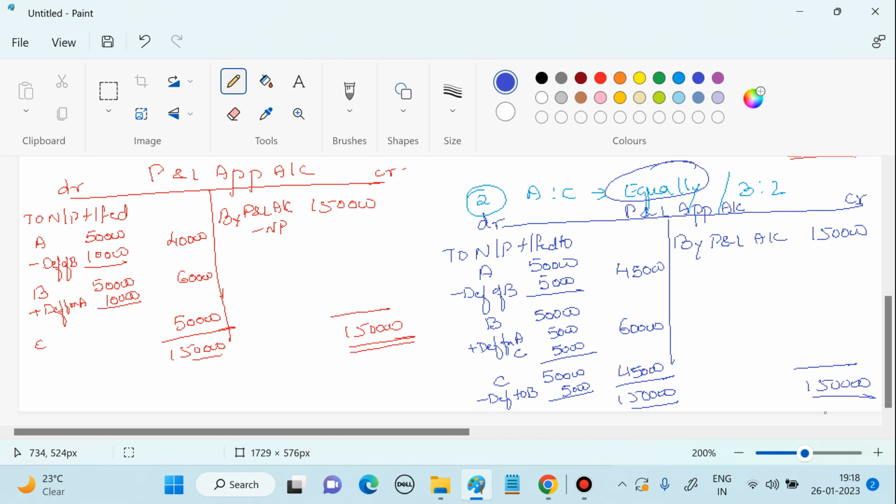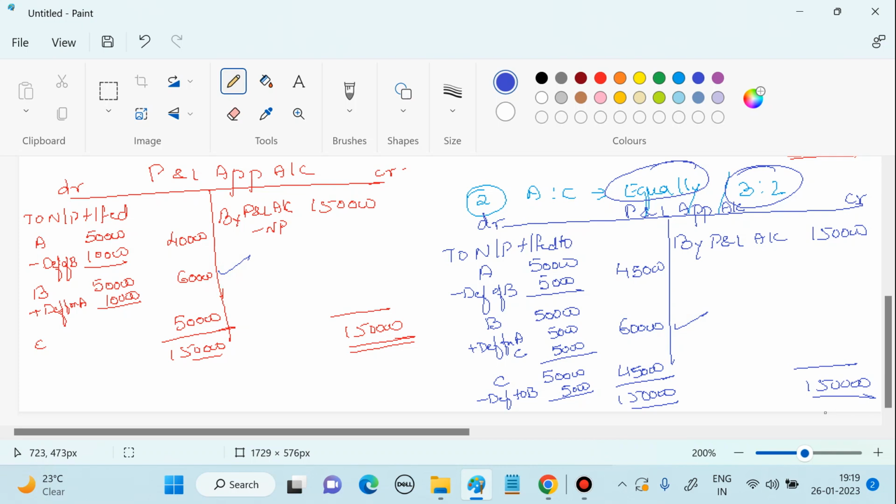Suppose it was a particular ratio, that 10,000 divided in the ratio. So 10,000 in 3 is to 2 ratio means 6,000, 4,000. So we would subtract 6,000 here, 4,000 here, and add 6,000, 4,000. Ultimately, you are ensuring that B gets 60,000, and how the deficiency will be shared will be given in the question.